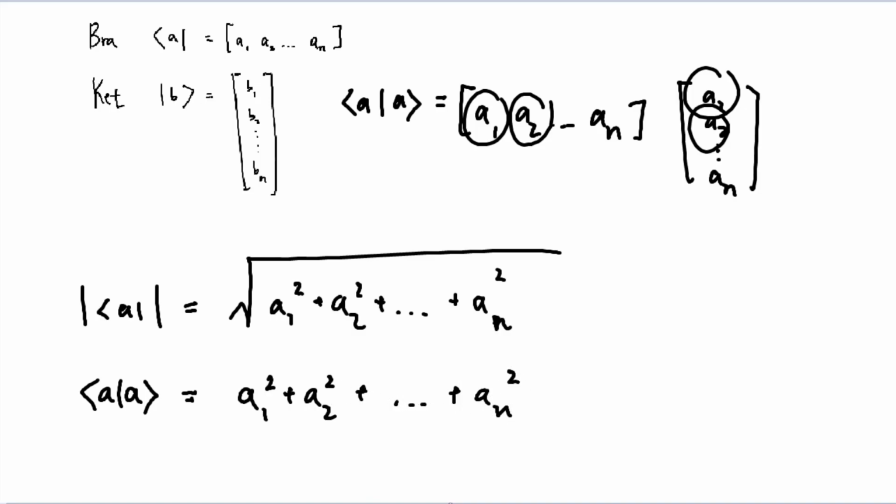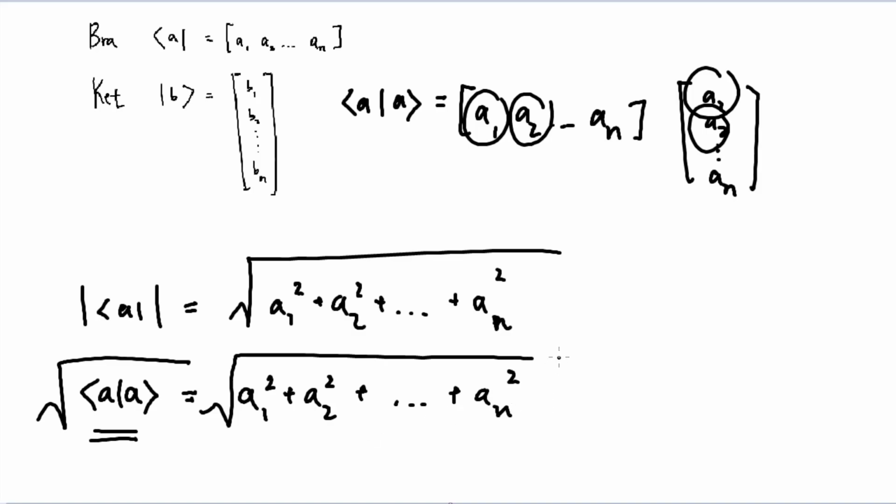And what's quite interesting is if we add a square root on top of this multiplication between your bra and your ket vectors, these two statements become almost equivalent, and thus it can be said that the length of a given bra or of a given ket vector is equal to the square root of essentially this multiplication statement right here.